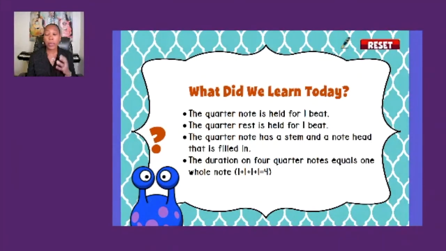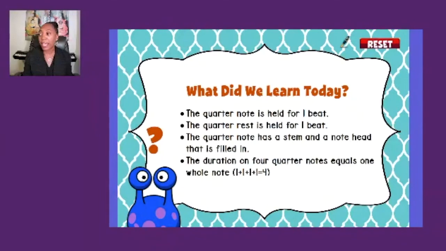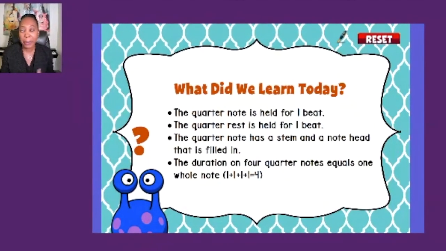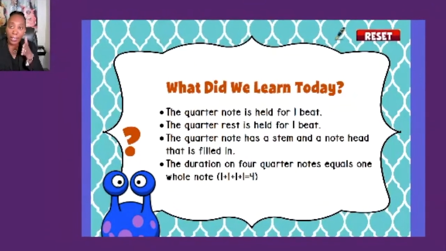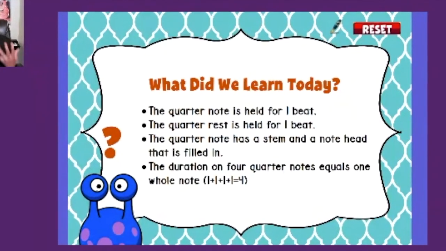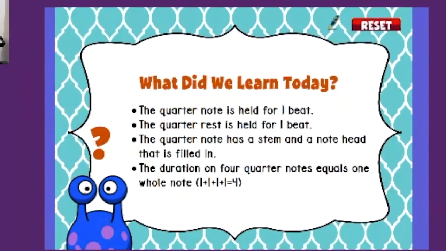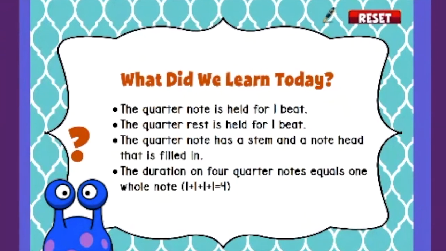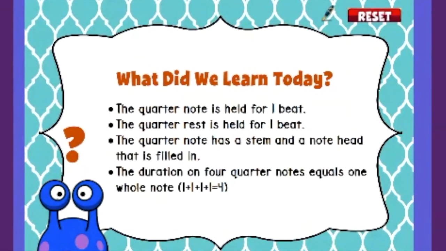We also know that the quarter note has a stem and a note head that is filled in. So make sure you know how to identify a quarter note. And the duration of 4 quarter notes, ta, ta, ta, ta, equals what? 1, 2, 3, 4, 4 beats.